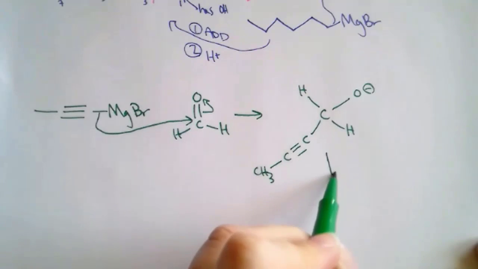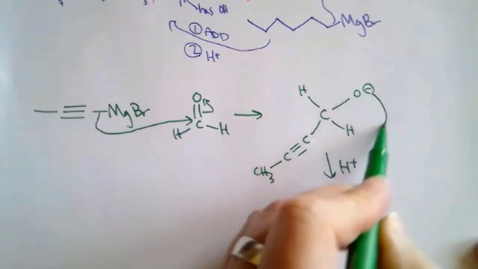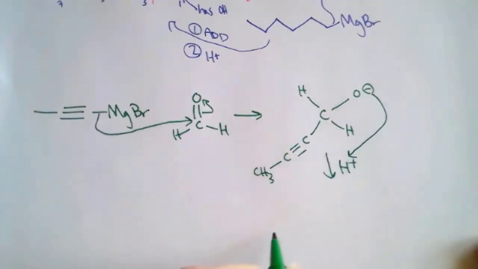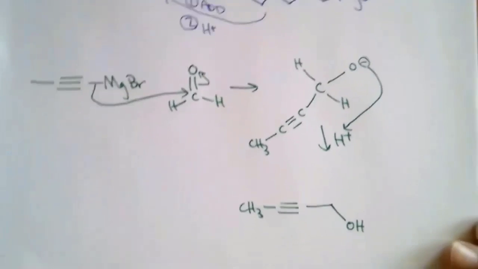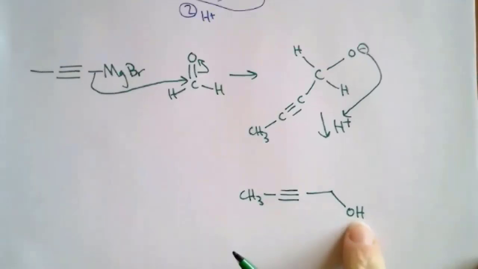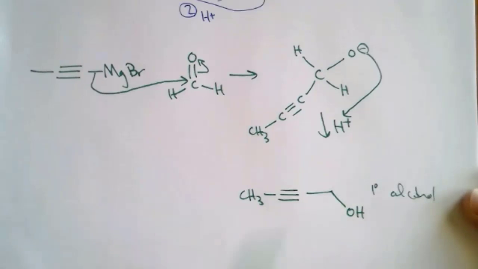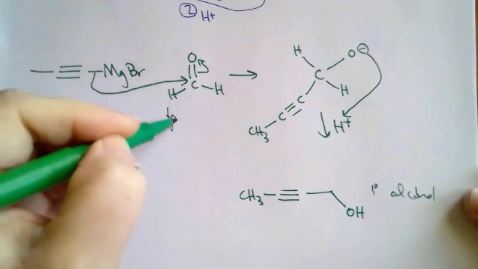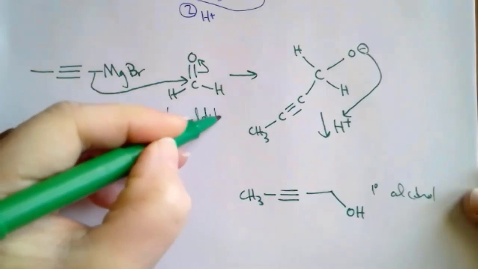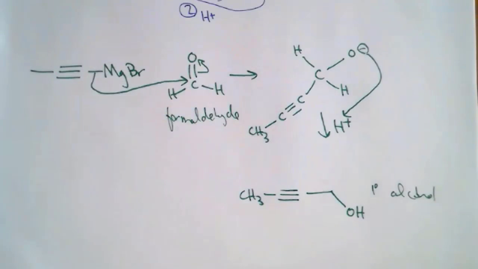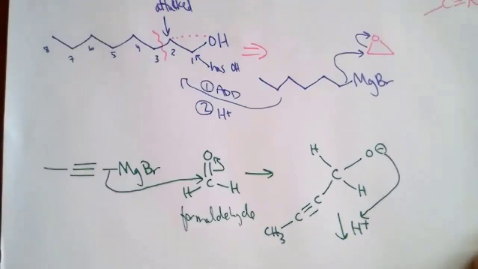And all of these reactions will have some sort of acid workup, an extraction of some sort, something to make sure you get an alcohol, an OH in the end. Note, this is a primary alcohol. It's a primary alcohol because I reacted with formaldehyde. Is that the only way to make a primary alcohol? No. In our previous example, we had a primary alcohol.